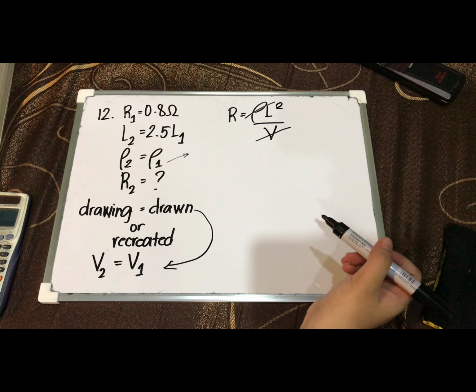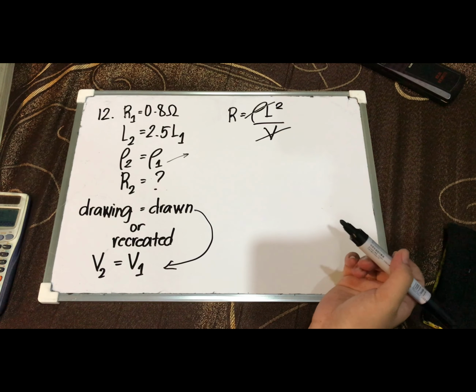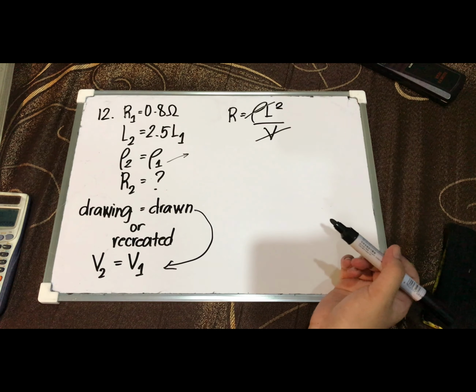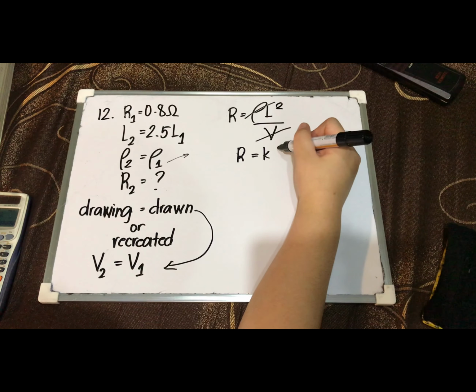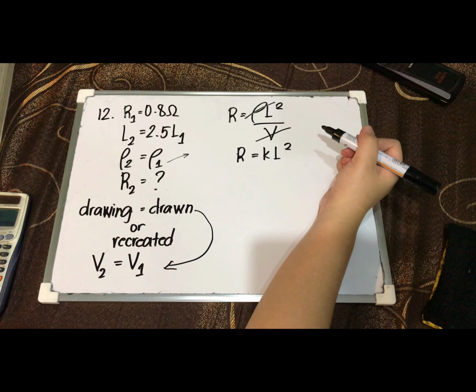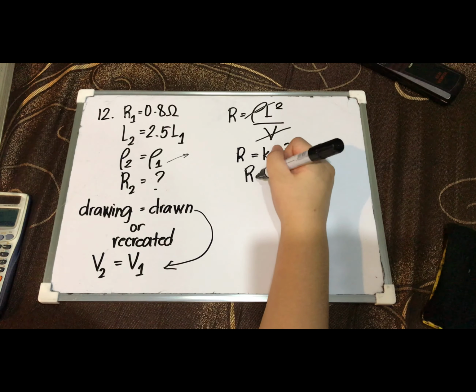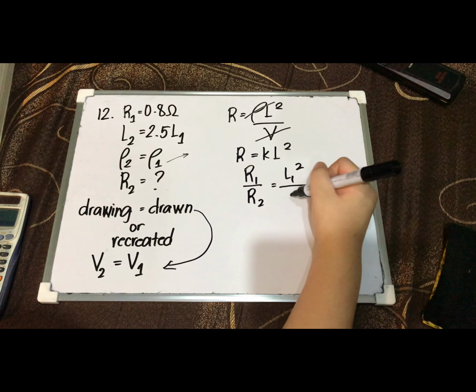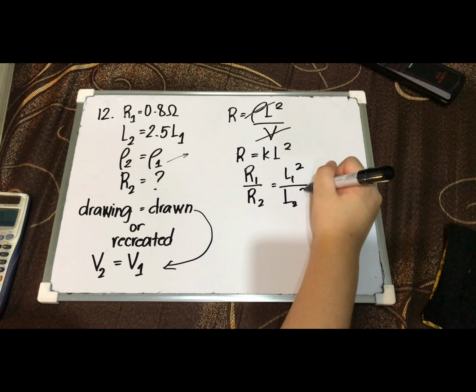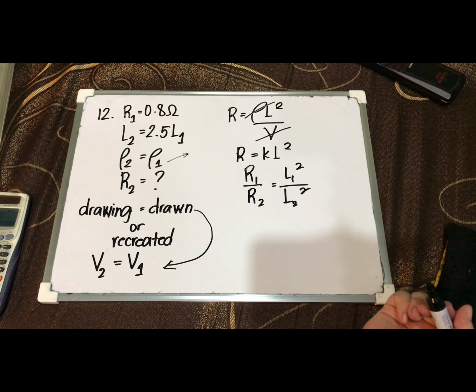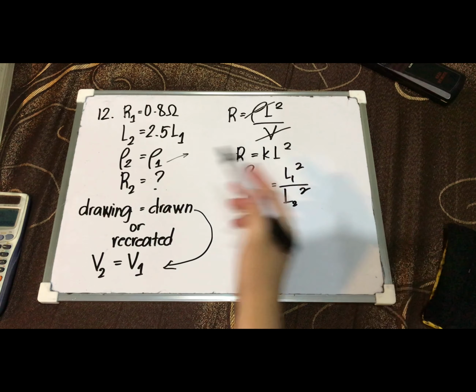It remains constant. So, ang gagamitin nating formula, R is directly proportional to the square of the length. So, R1 over R2 is equals to L1 squared over L2 squared. Okay, so substitute lang natin yung mga values.